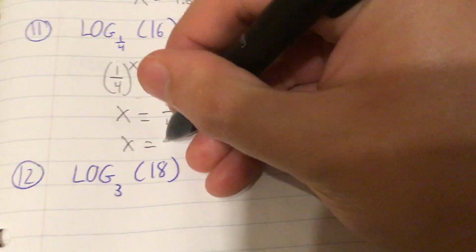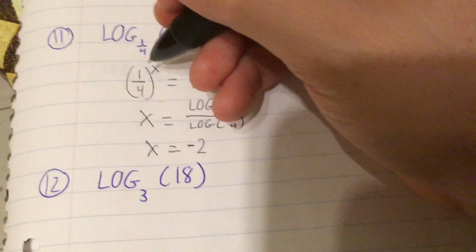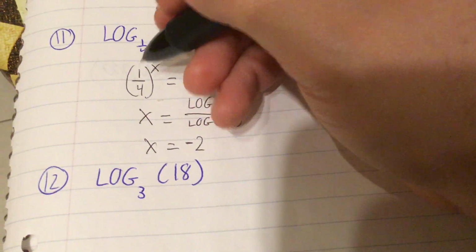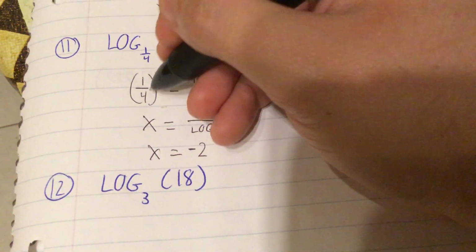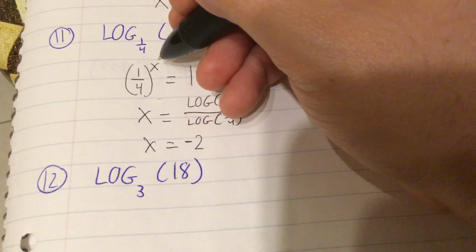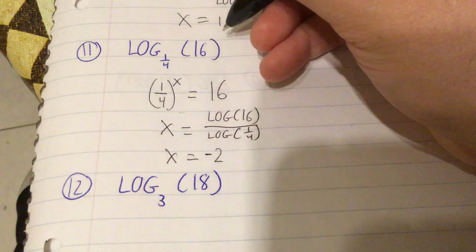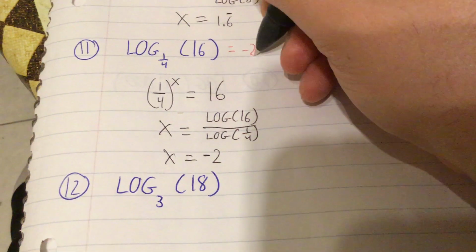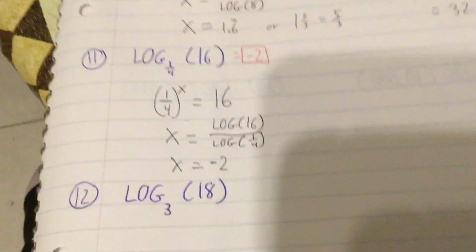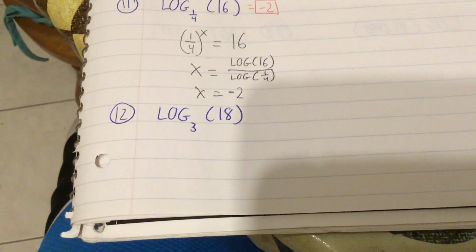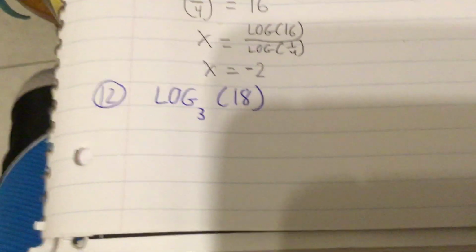I get -2. And the reason why is because of the negative exponent rule, where if I have a denominator, that can flip to a numerator with a negative exponent. So 1/4 to the -2nd power becomes positive 16. Okay. All right, number 3.